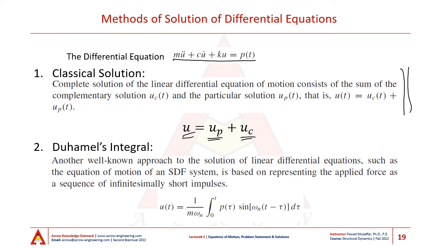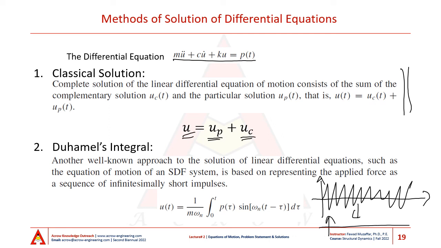The second approach is based on the first approach, but it is used to derive the response of single degree of freedom structures to general loading. We can take a general load and break it into n number of impulse loadings.